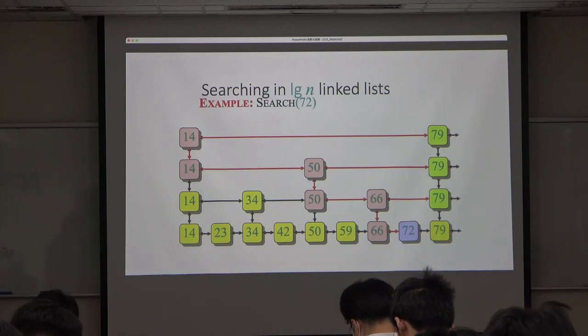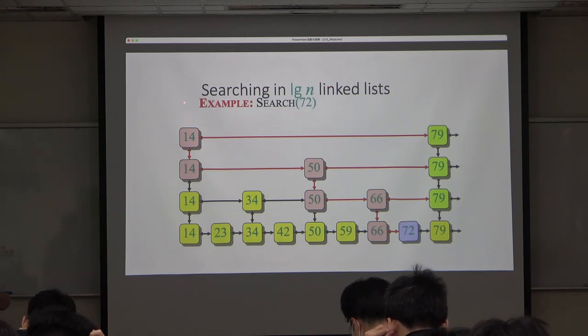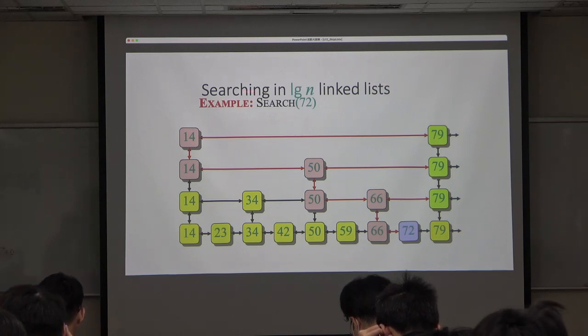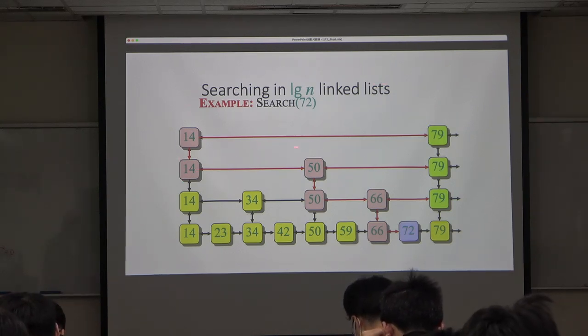And the search in this log n linked list is going to be, for example, if you search 72, we go from 14 to 79. So we go too far. We go down one level, 14 to 50, so we go to 50. Next one is 79.